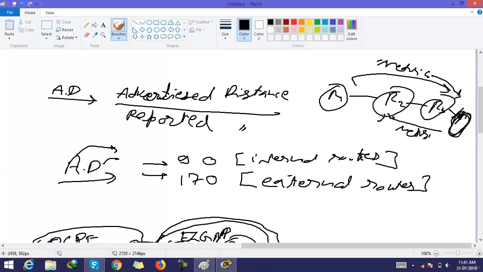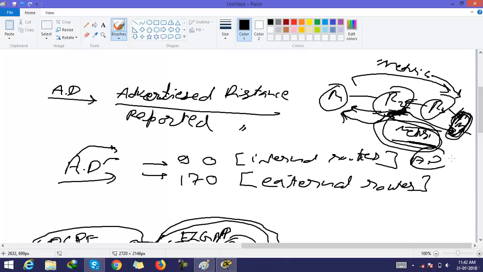R2 sends a packet to tell R1 that this network is reachable by me. R2 says to R1, this network is reachable by me or by this interface, and to reach this network, my metric is this. This metric is called the advertised distance for R1.